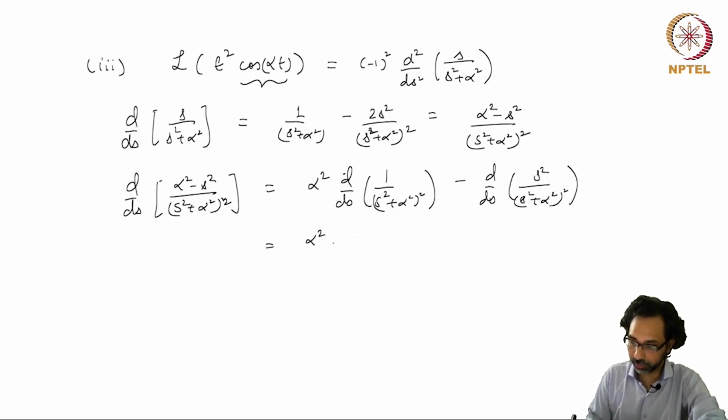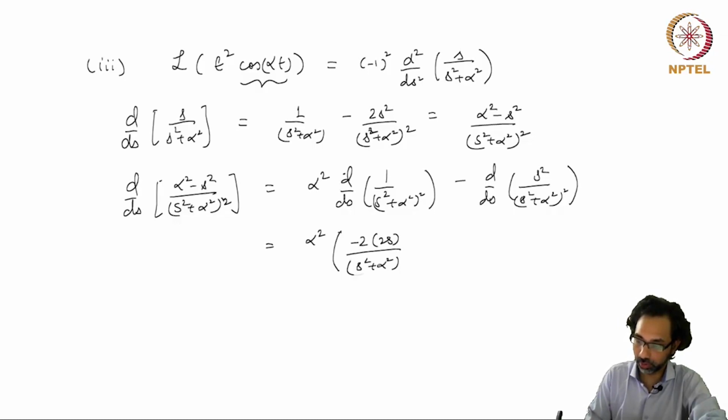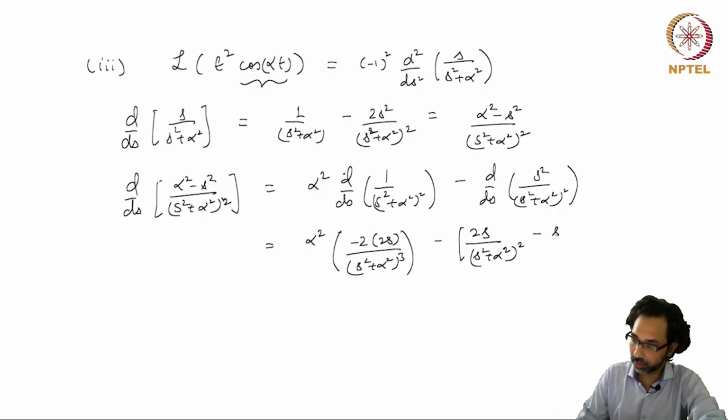So the first term we will get minus 2 times 2s over s square plus alpha square whole cube, and the second term we will get s squared. So let's first differentiate 2s by s square plus alpha square whole square minus s square 4s over s square plus alpha square whole cube.